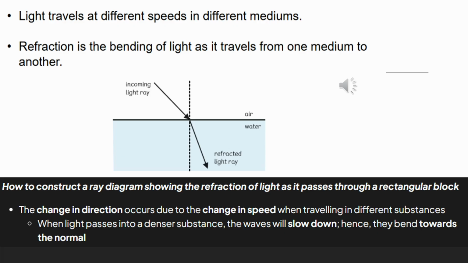This change occurs due to the change in speed when light travels in different substances. So when light travels into a denser substance, for example, from the air into the water, the waves will slow down, which means the refracted light tends to bend towards the normal line.